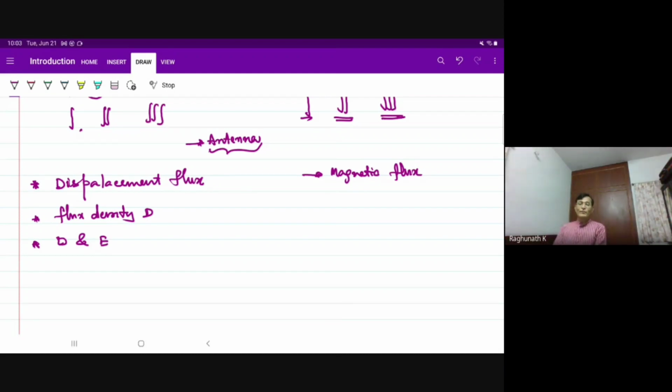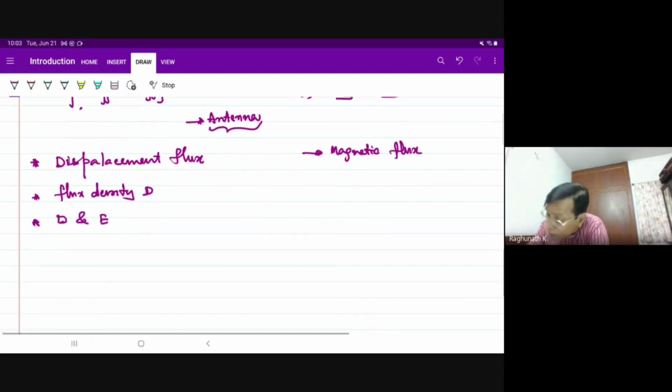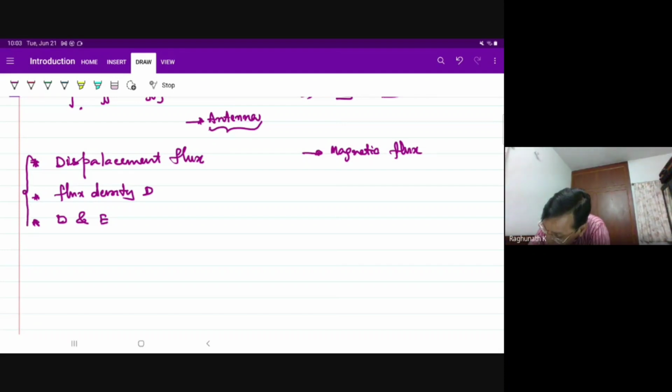And while talking about this flux density, please see this now. We speak about a particular thing called divergence. If anybody can understand divergence properly through a subject, it is the people who study electromagnetics and learn divergence through electromagnetics.